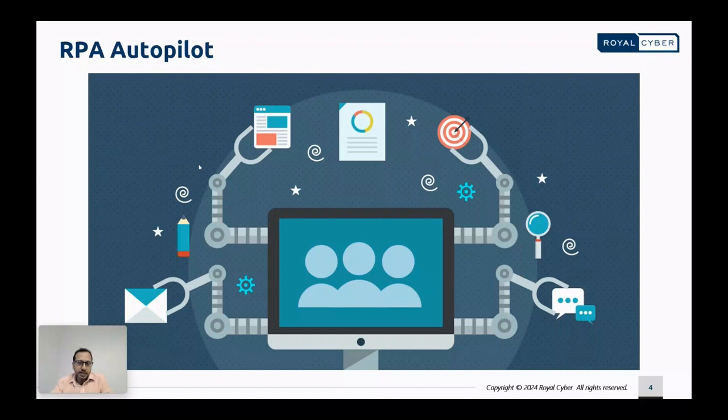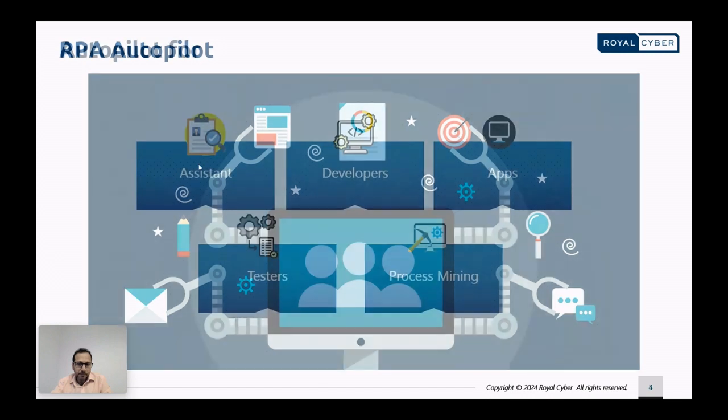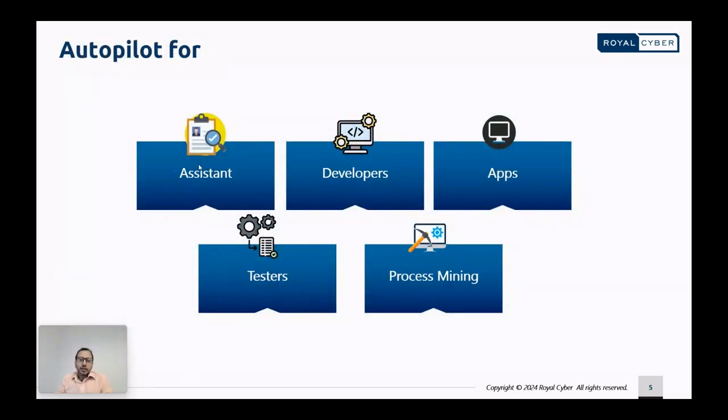RPA Autopilot is a new set of AI powered experiences across automation tools such as UiPath and Automation Anywhere. These tools make every user from interns to CEOs more productive. There are multiple uses for RPA Autopilot across the platform, and they help different people in different ways.